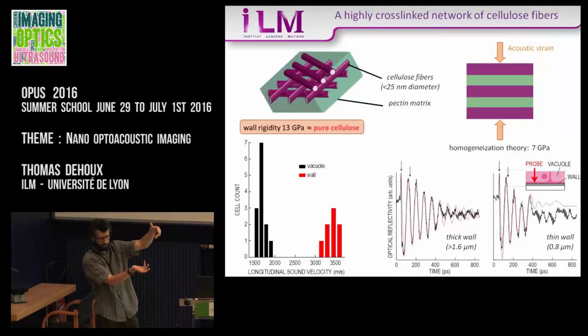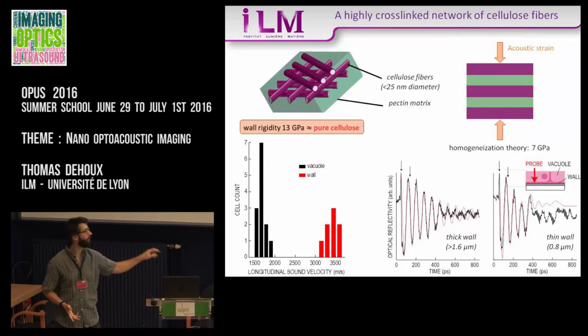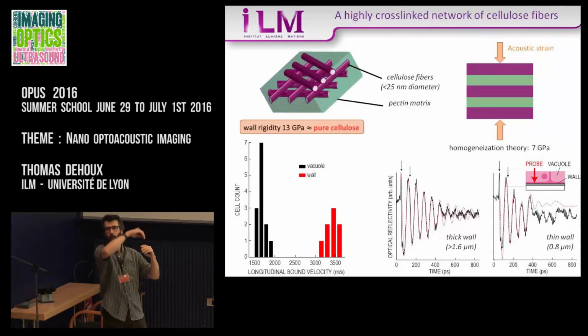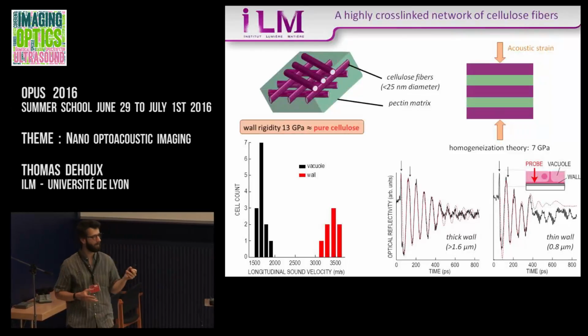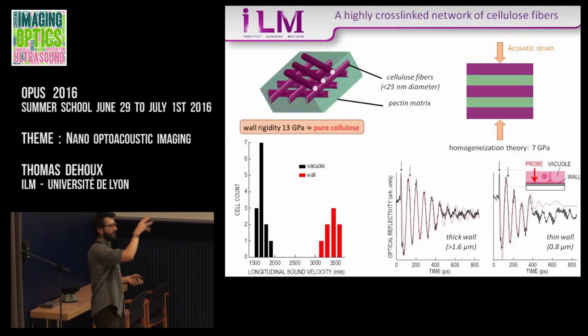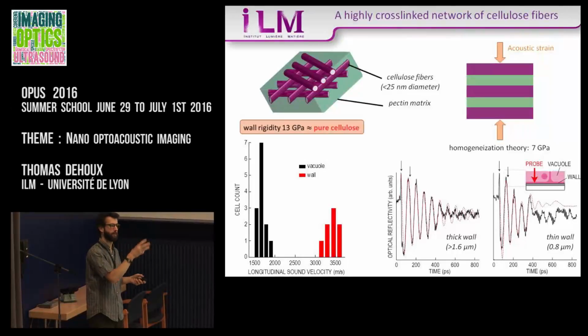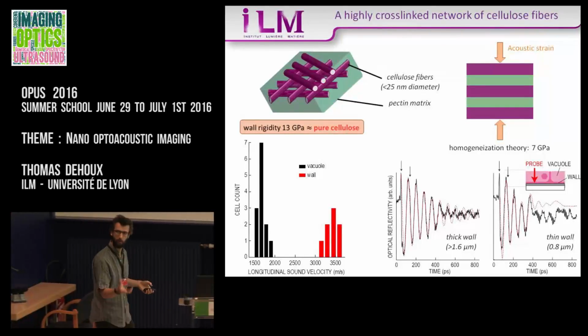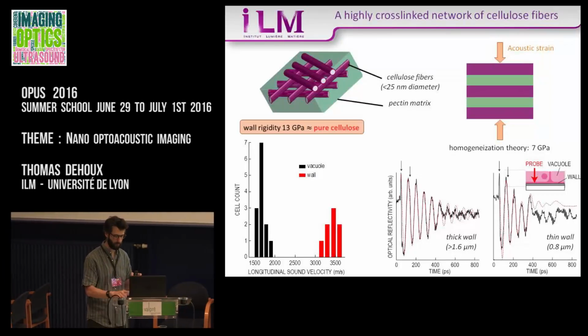So you can model this as a stack of layers of cellulose, pectin, compressed in this direction, an isostress material. And if you calculate the effective rigidity of such material, you find a rigidity of about 7 gigapascals, given the values of each layer. This is much smaller than what we actually measure because we are missing an ingredient here.